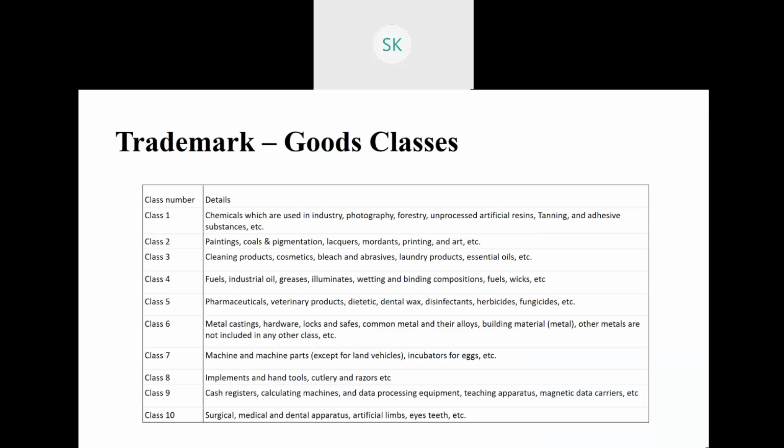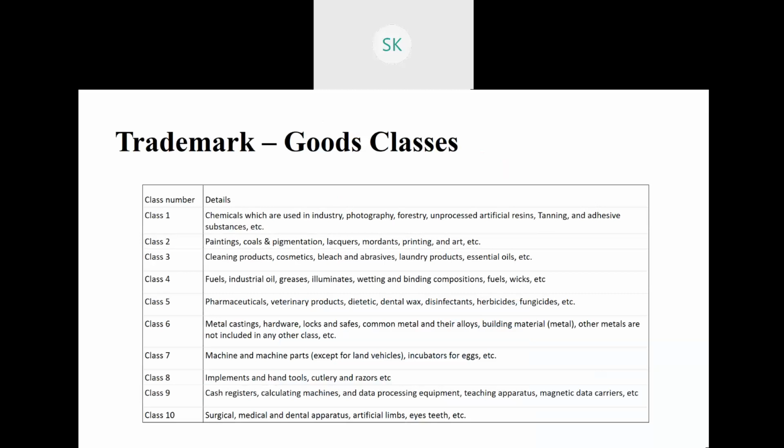Class 1 is the chemical industry, or the chemicals which are used in industry, photography, forestry, unprocessed artificial resins, tanning, adhesive substances, etc. These are the chemicals which are used industrially or for large purposes, not for domestic purposes. Coming to class 2, this contains paintings, colors, pigments, mordants, printing, and art.